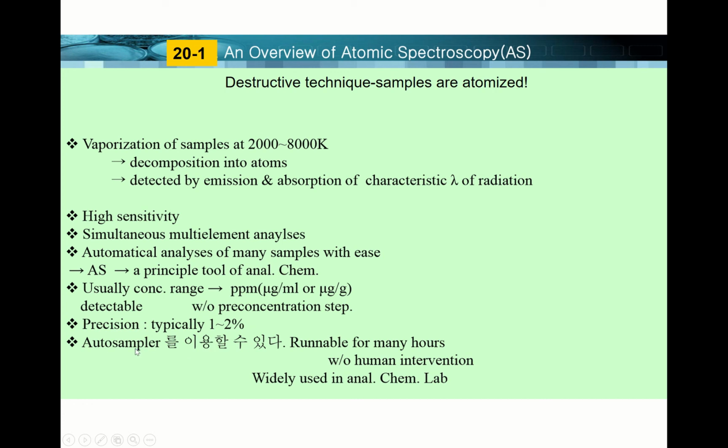You can analyze many samples using an auto sampler, and run for many hours without human intervention. That's why atomic spectrometers are widely used in analytical chemistry labs.